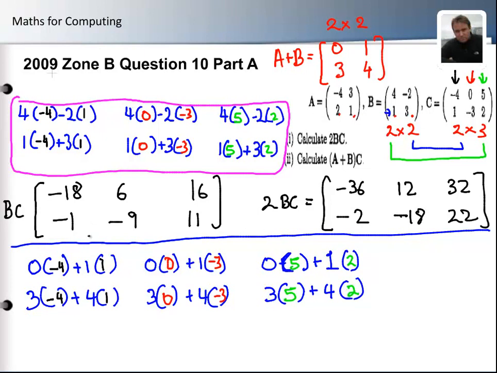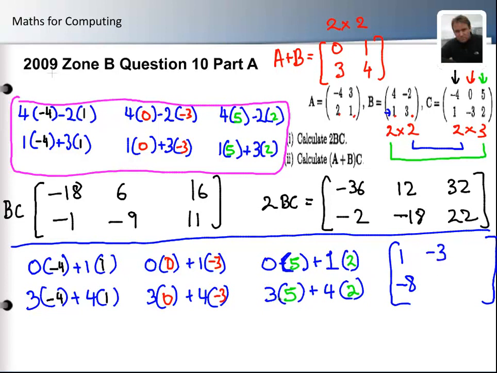And evaluating that out, just evaluating each term, what do we get? We'll put in the answers here. That's just 1, 0 plus 1. 0 times minus 4 is 0. 3 times minus 4 is minus 12, plus 4, that's minus 8.